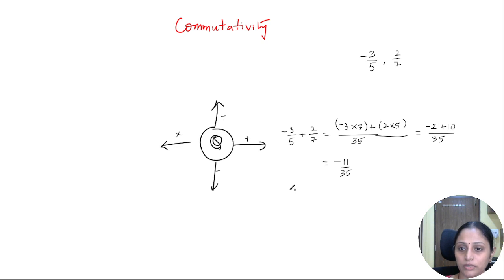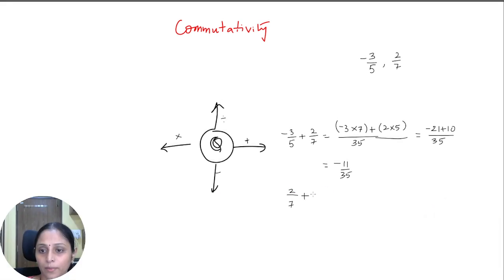Now if I look at b plus a, which is 2 by 7 plus minus 3 by 5. Again I am going to take the LCM, which is 35, right?